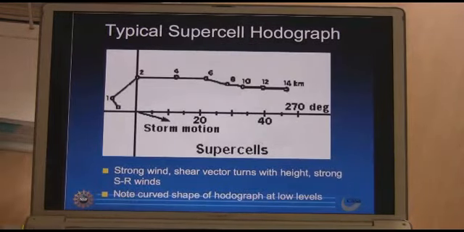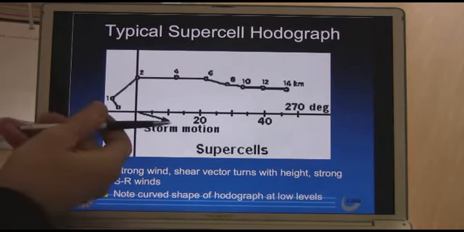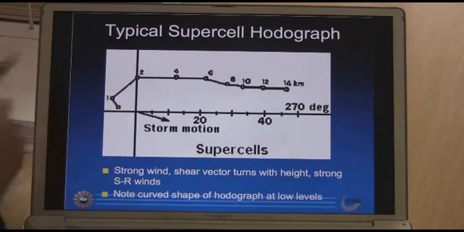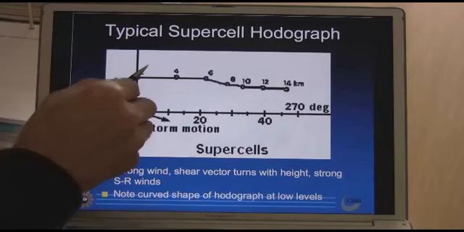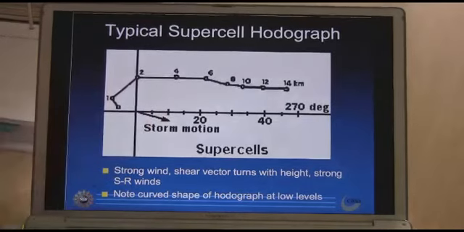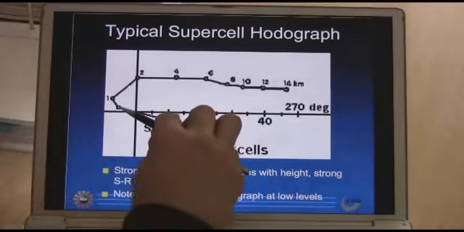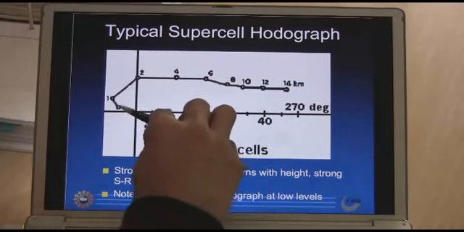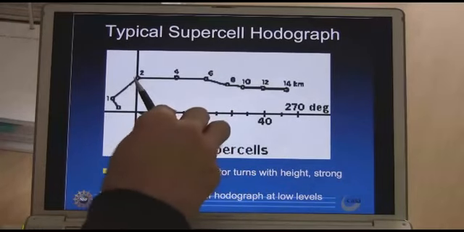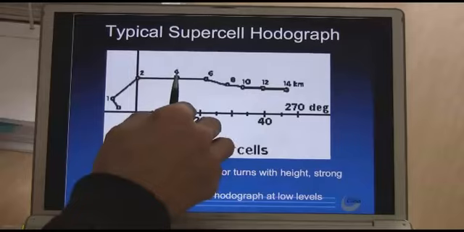Now, the typical supercell hodograph that you see here, these are canonical examples. Suppose we have a storm motion vector like this. Notice how the shear vector turns with height, right? Storm motion is here, so let's look at the storm relative winds. At the surface they're pointing like that, at 1 kilometer, at 2 kilometer altitude, at 3, at 4, like that.